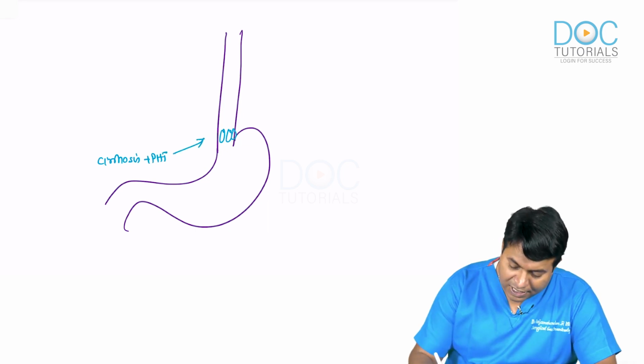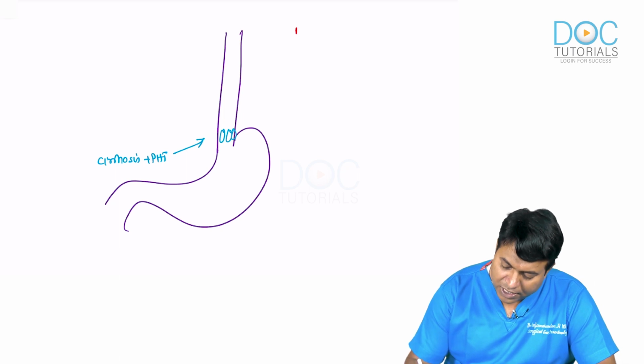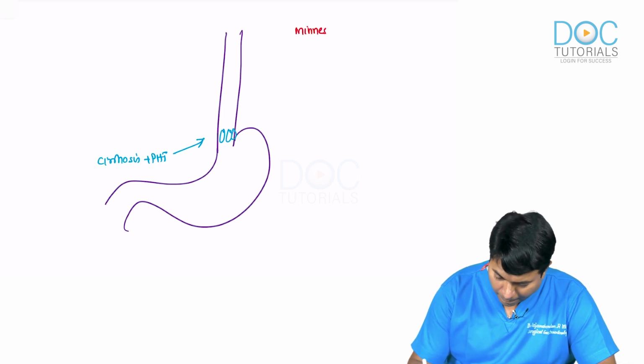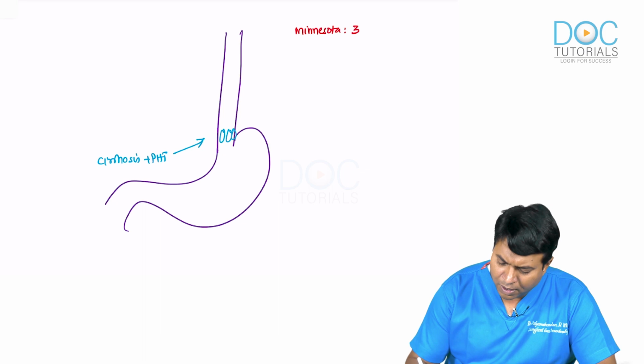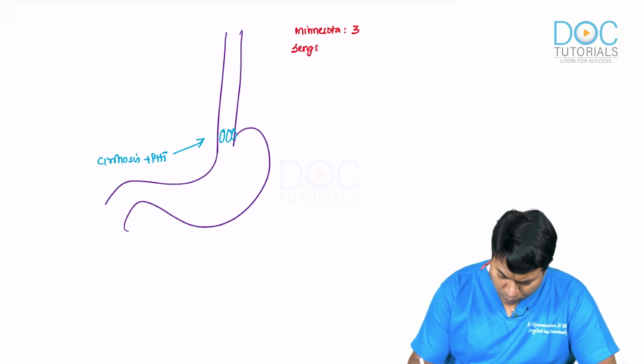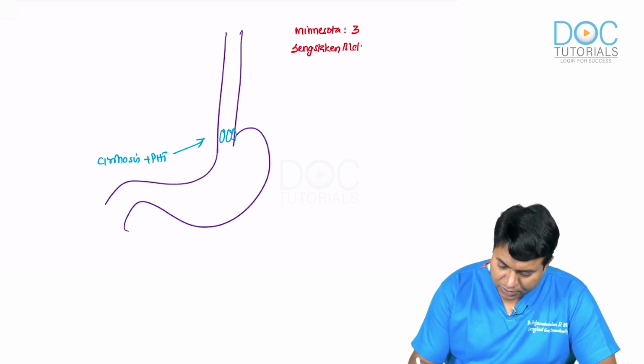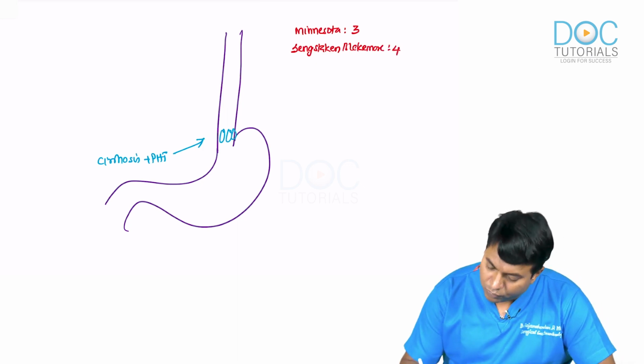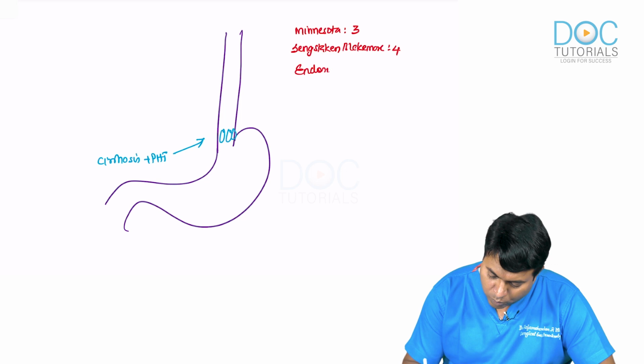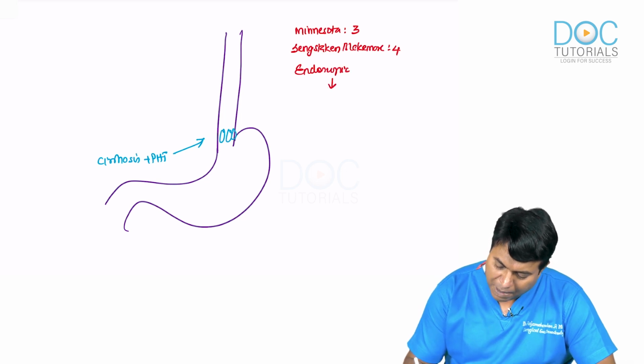So in an emergency condition, we will put one of two types of tubes, either a Minnesota tube which has 3 lumens or a Sengstaken-Blakemore tube which is a 4 lumen tube, or we will go for an endoscopy. We will use it for banding or for coagulation.